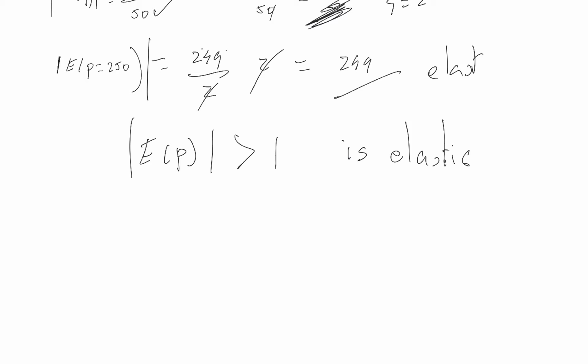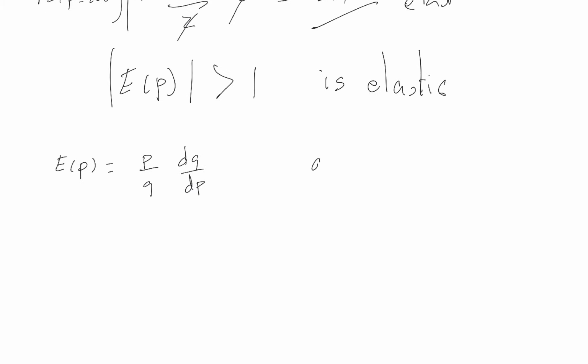Now let's find the elasticity for any price, not only in the interval 225 to 250, for any P. So the elasticity E of P is P divided by Q times the derivative of Q with respect to P. Because Q of P is 500 minus 2P, the derivative of Q is always minus 2.